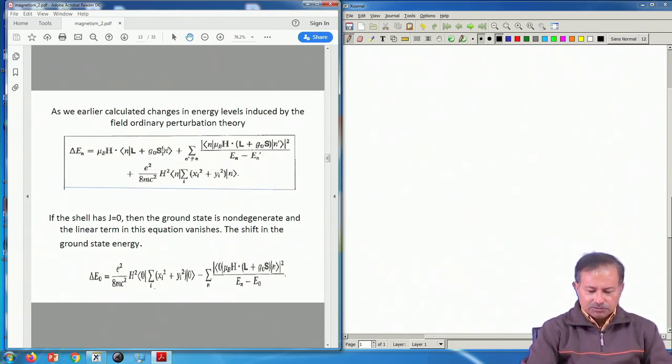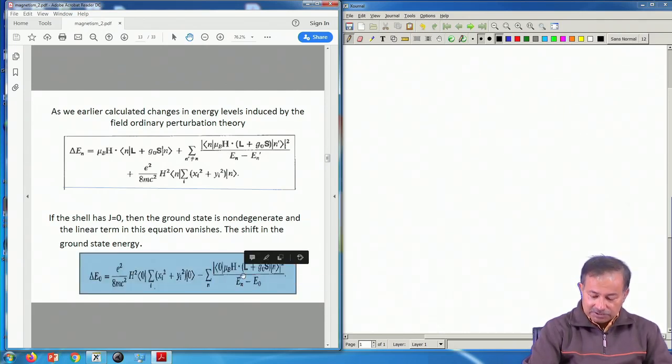Okay. So, these are the two cases we are being alerted by this. If J equal to 0, then we have the next two terms. Remember here n and n prime: if n is the ground state for example, n prime is different, and in this case this will not vanish, and this has consequences. What are the consequences? Look at the signs of these two terms.